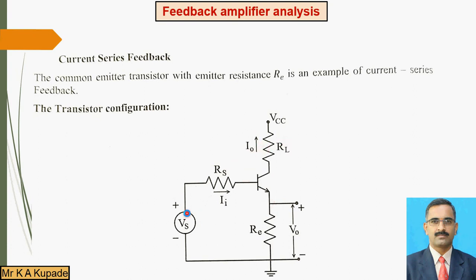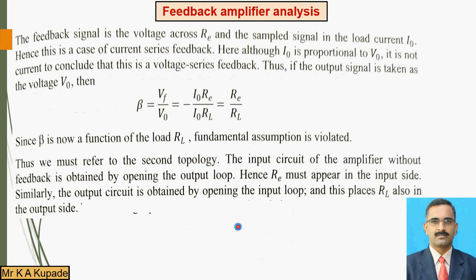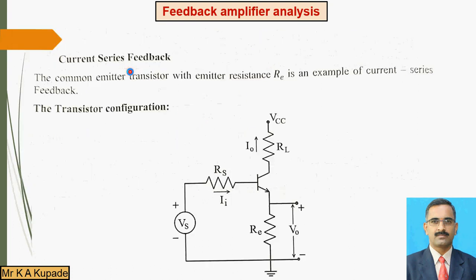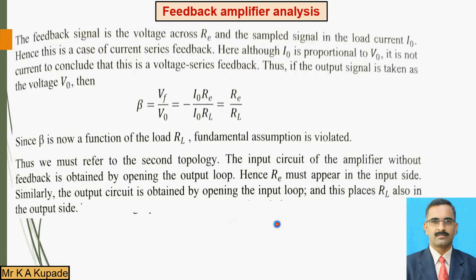Here I is considered through the base terminal, that is, through RS. Now the feedback signal is the voltage across RE, and the sampled signal is the load current I naught, that is, the collector current. Hence this is the case of current series feedback.